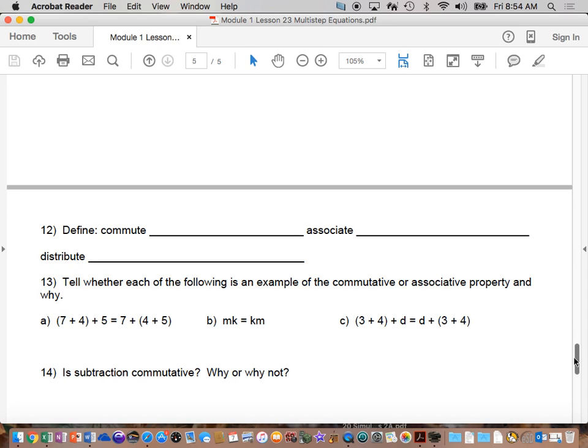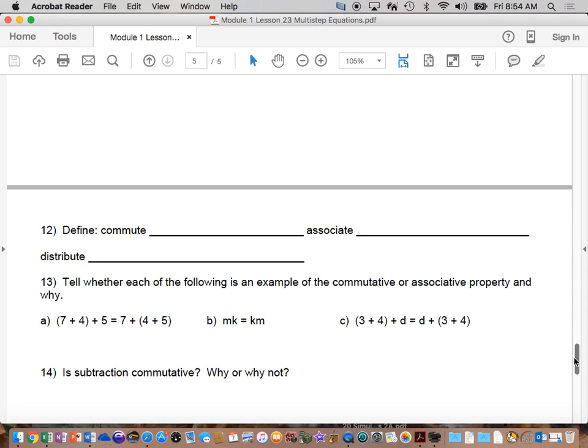What's switching here is in the first part. When you put a parenthesis around things in mathematics, those are called grouping symbols. So what we're saying here is in the first part, the 4 is being grouped with the 7, and then in the second half, the 4 is being grouped with what? The 5. So I'm changing who the 4 is grouped with. So since we're talking about grouping here, which property should it be?